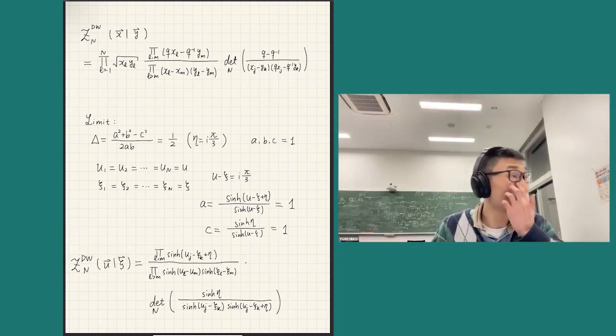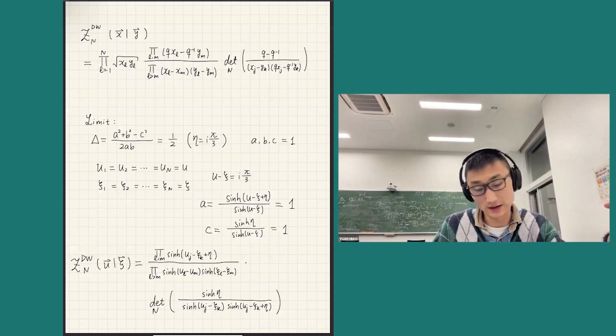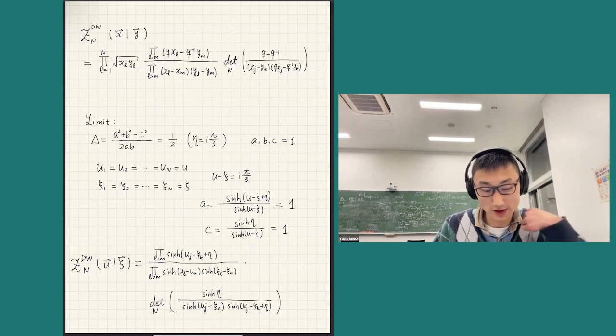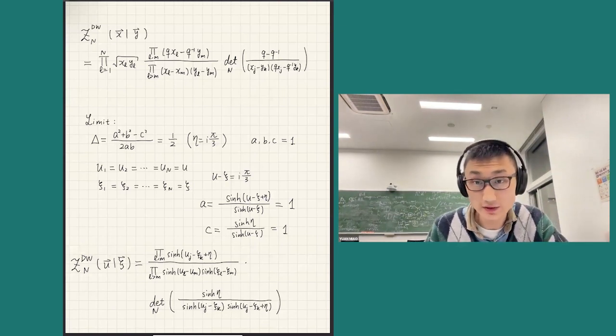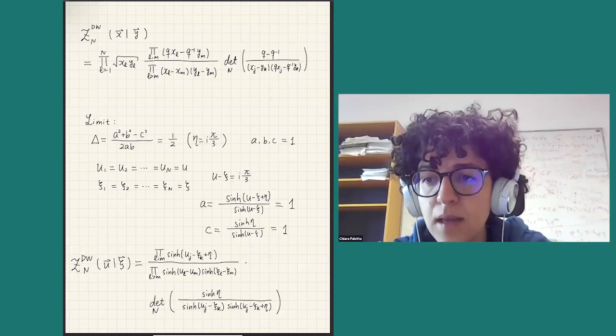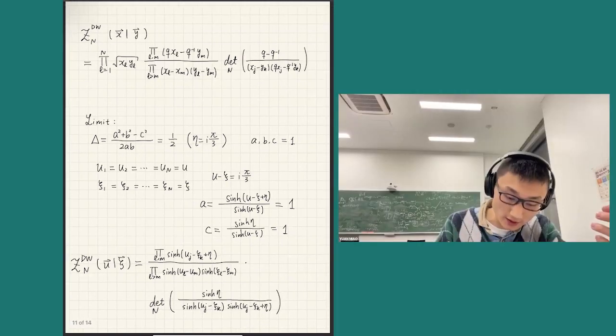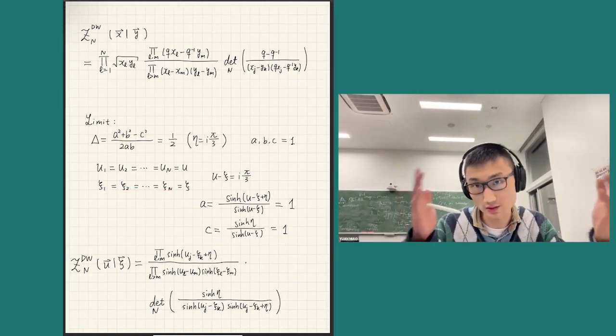Essentially, the XXZ model is the homogeneous limit of the six-vertex model. I need to take all the inhomogeneities to be 0 or the same.